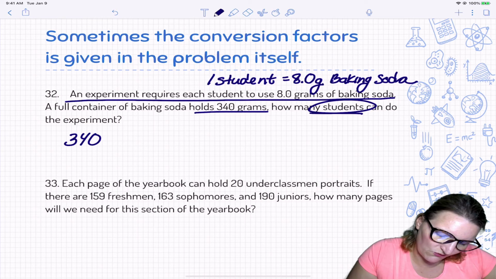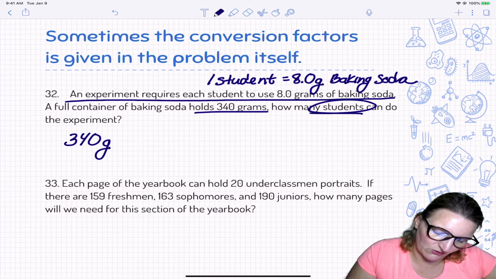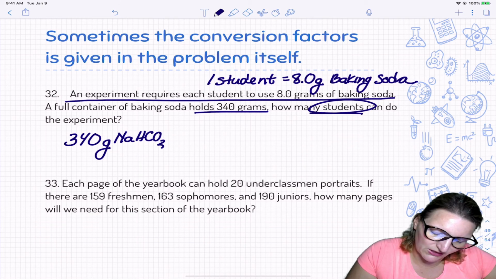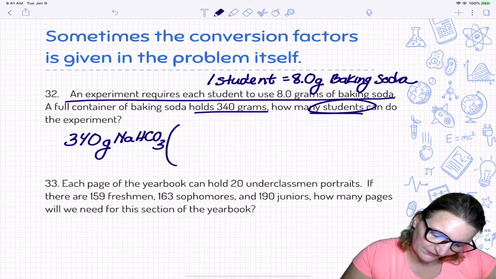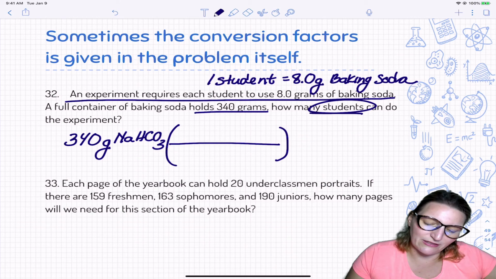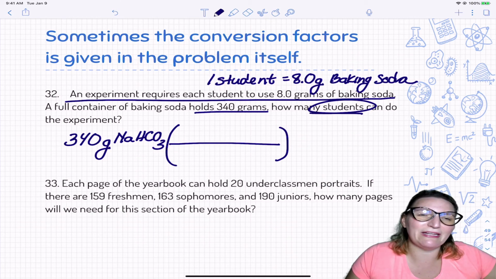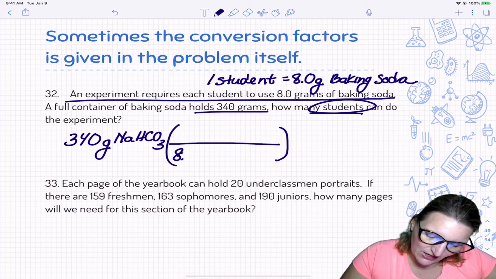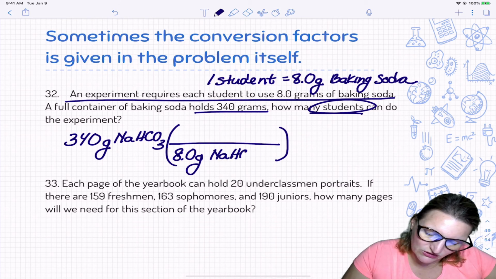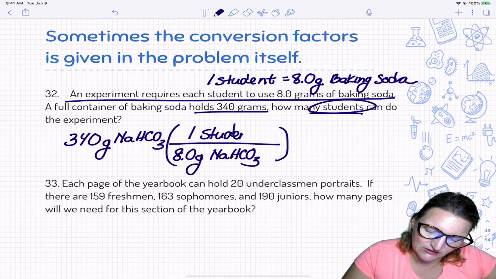So 340 grams of baking soda. Baking soda is NaHCO3, or you could write the words baking soda. Now I place my conversion factor in there the exact same way that I always do. 8.0 grams of NaHCO3 for every one student.